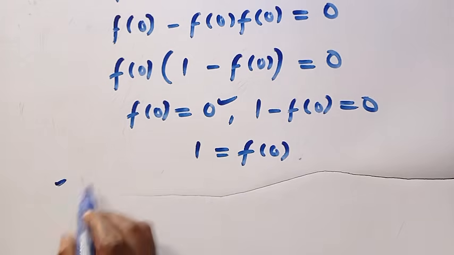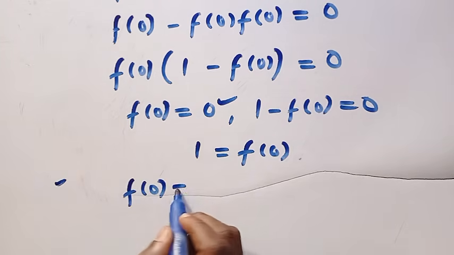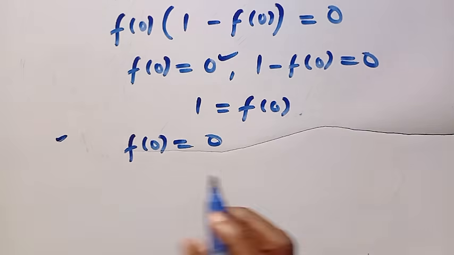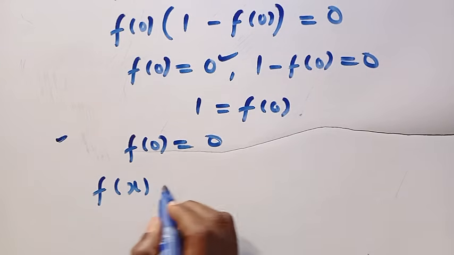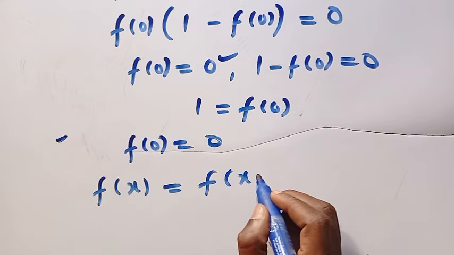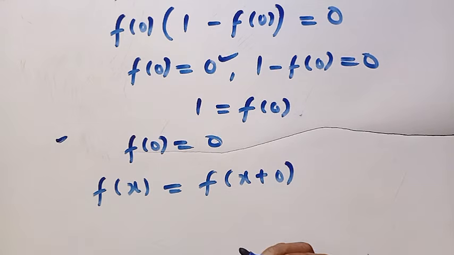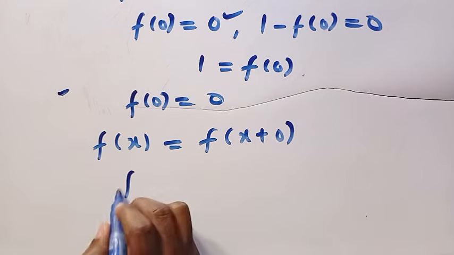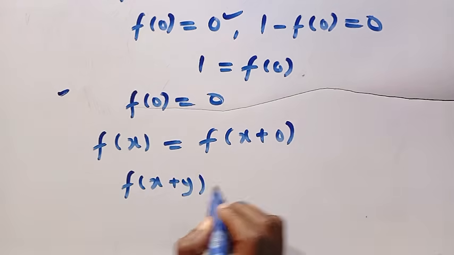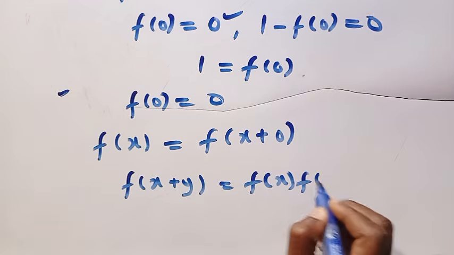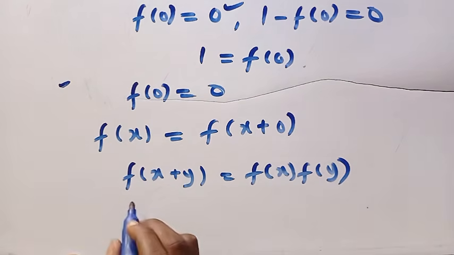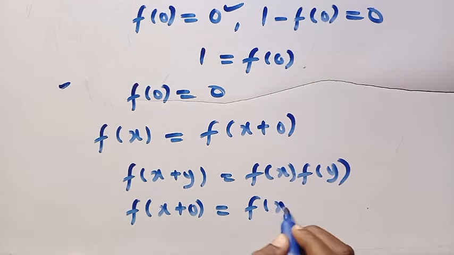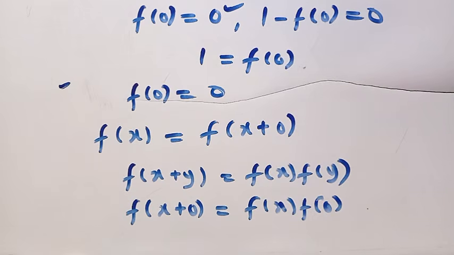Then from this one, we have f of 0 equals 0. Then for any value of x, f of x can be written as f of x plus 0. So this is still the same thing. But considering the given question where we have f of x plus y equals f of x multiplied by f of y, if I compare, we are going to have f of x plus 0 equals f of x multiplied by f of 0.